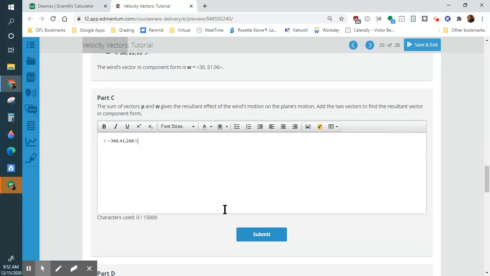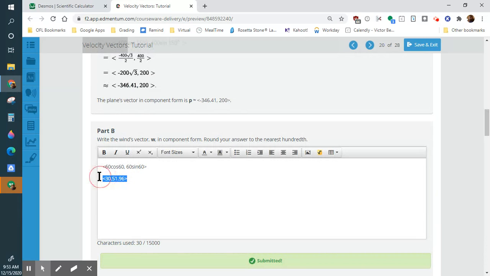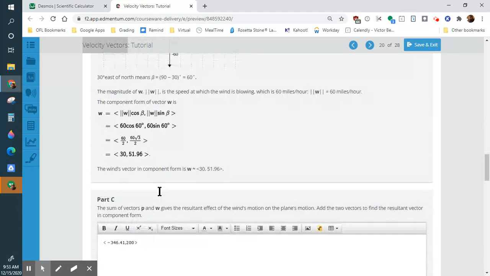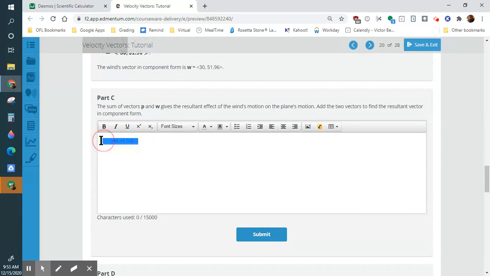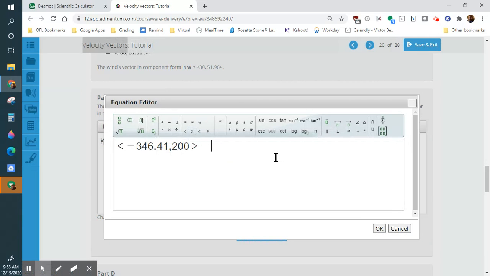We're going to have to do this with the equation editor because I messed up. That's fine. Okay. So now I want to add these together. Let me grab the little calculator.